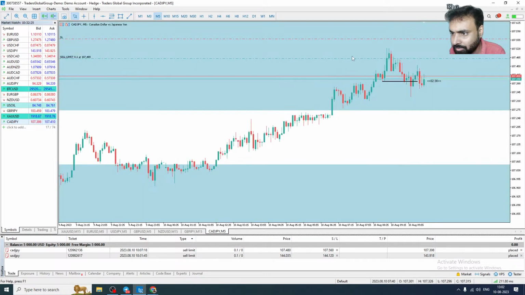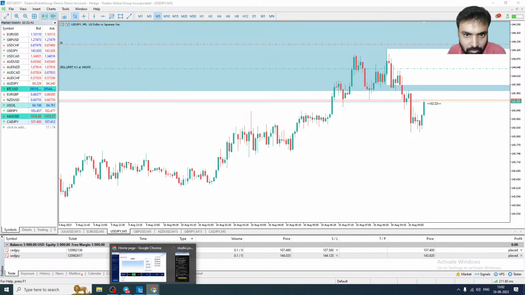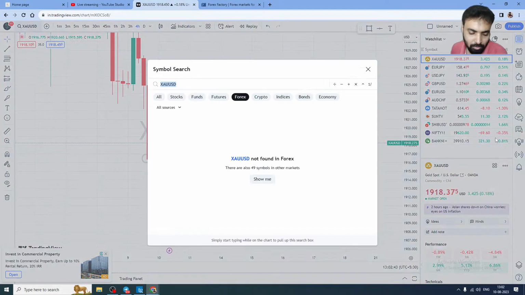CAD JPY is struggling to go above. We are expecting this sell entry. USD JPY. Let's go to DXY, the dollar index.